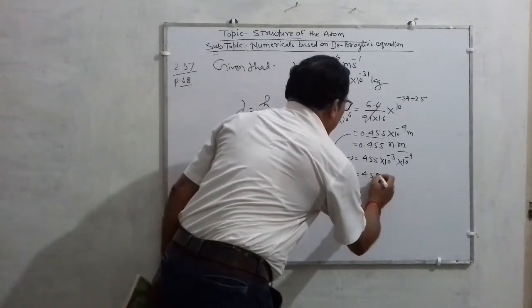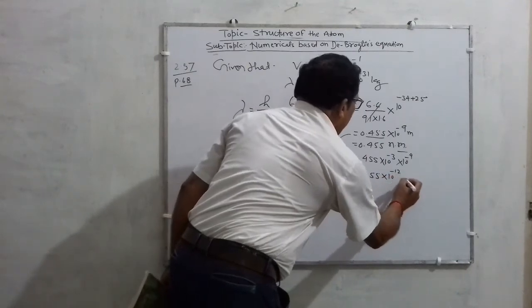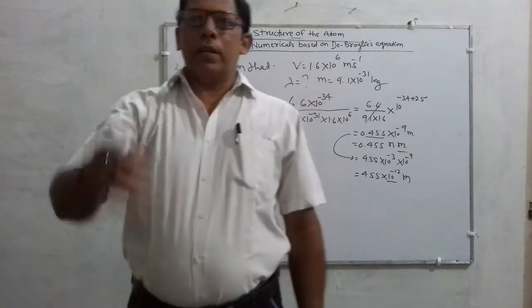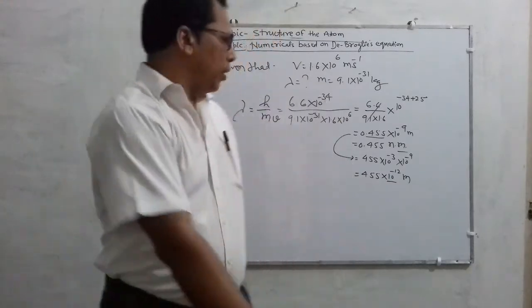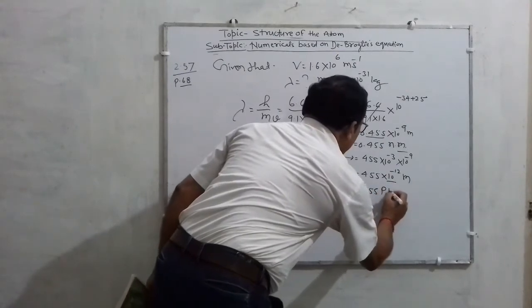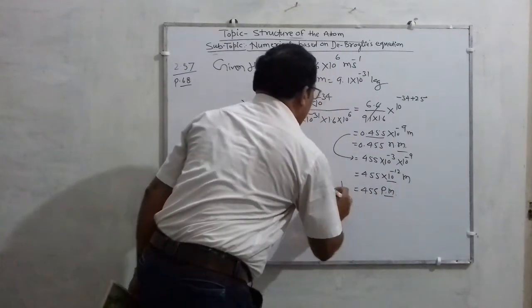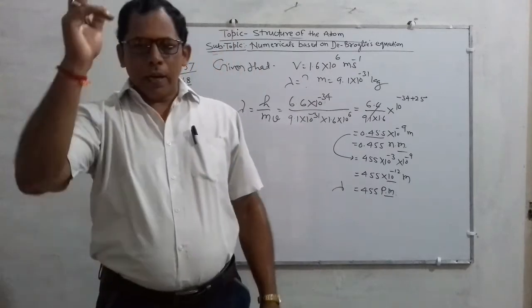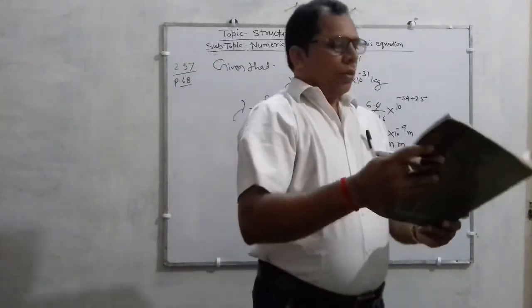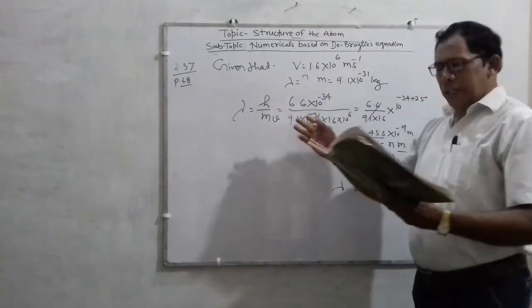So that becomes 455 into 10 to the power minus 12 meter, and 10 to the power minus 12 meter is nothing but 1 picometer. So this is 455 picometer, the wavelength of the moving electron. Alright children? So this will be the solution of this very question.